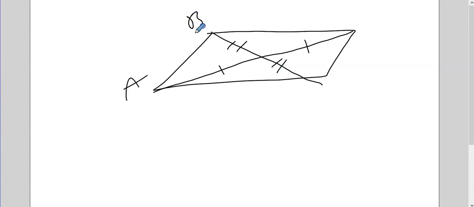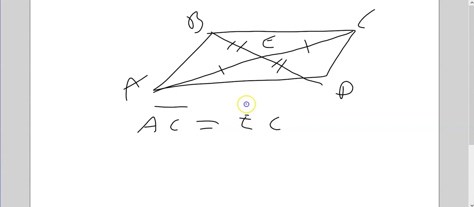So if you have A, B, C, D, and put E in here, that means line segment AE is equal to line segment EC. This was supposed to be an E here. AE is equal to EC.